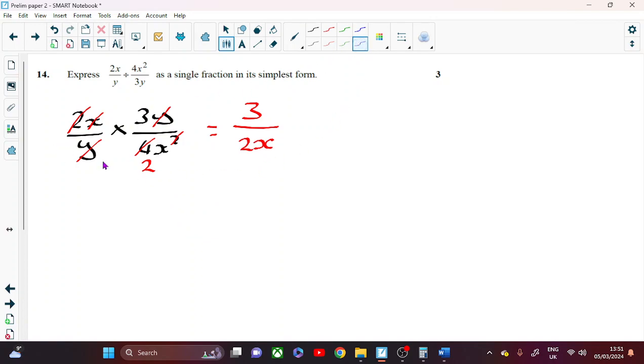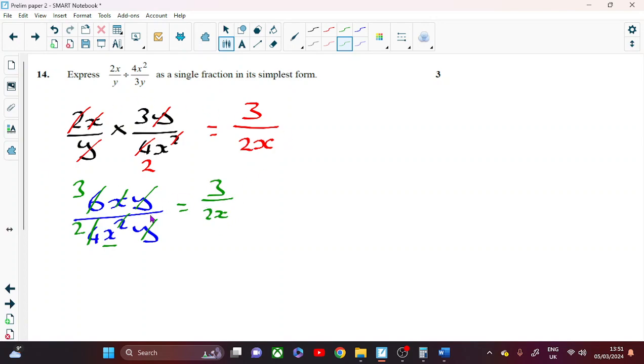If you chose to multiply that out, you would have had 2 times 3 is 6xy over 4x squared y, and then you could have cancelled your y's off, your x off, and got 3 over 2x, the same answer. It's personal preference, and no, that did not need a calculator. It is still a calculator paper question.